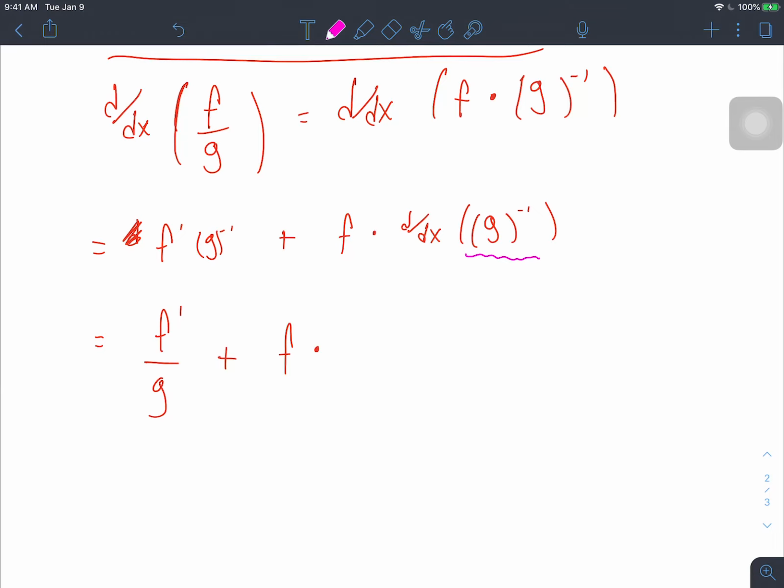And g, the function g, is being plugged into another function. What is that other function? Could be something with z, maybe. Yeah, z to the -1 power. So I can write this as -1 times g to the -2, and then I should chain rule out the derivative of g.